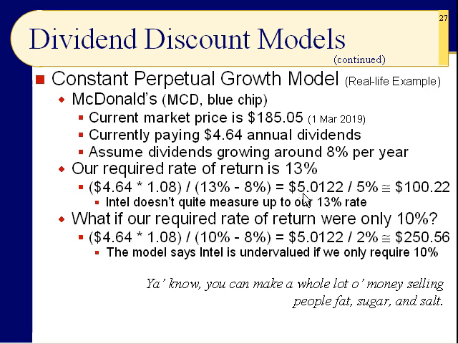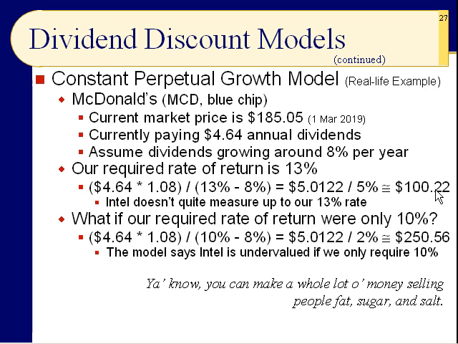And then that's $5.01. We're not trying for precision here. We're just spitballing, as some people say. We're just getting close. Divide that by 13% minus 8%, which is 5%, 0.05, and we get $100.22.